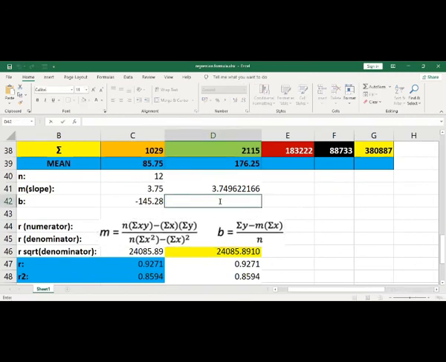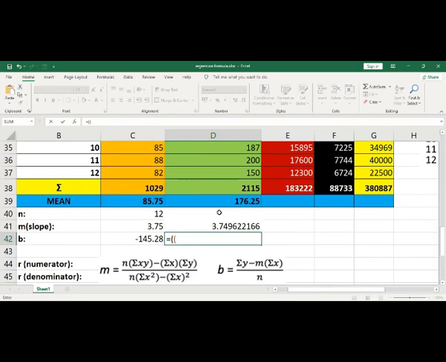Next is yung y-intercept. So, equals na naman. So, the summation of y minus the slope multiplied by the summation of x. So, dalawang open na parenthesis. So, summation of y is this one. Then, close mo siya. Minus open parenthesis which is m slope times the summation of x.